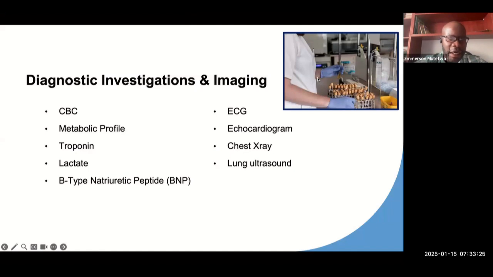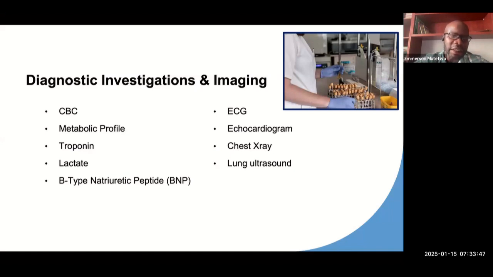So when you do a complete blood count, some of the things you look at is issues of anemia, which can in itself be a cause of cardiac failure and present in shock. It can also exacerbate the degree of shock that the patient has, so it's important to look at that.